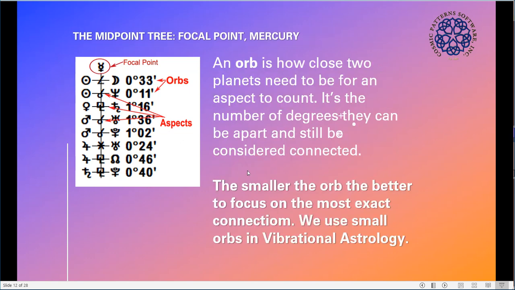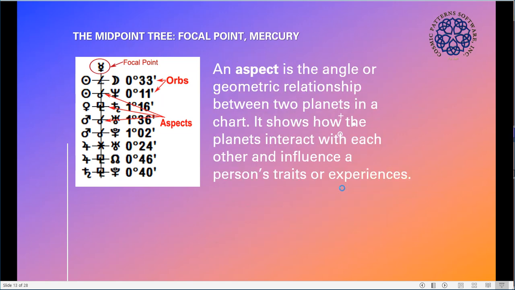An orb is how close two planets need to be for an aspect to count. It's the number of degrees they can be apart and still be considered connected. The smaller the orb, the better, to focus on the most exact connection. We use small orbs in vibrational astrology.